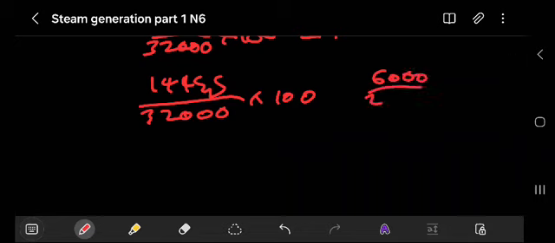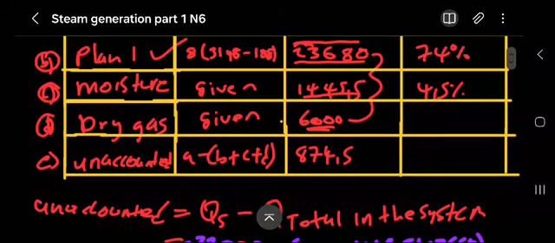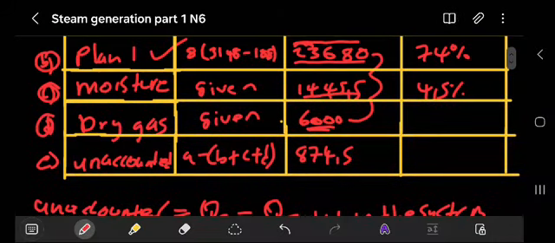Now we come to the dry, 6,000 divided by 3200 times 100. Punch this, get that to be 18.75 degrees.